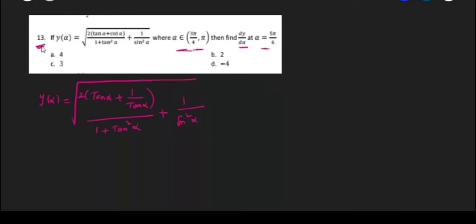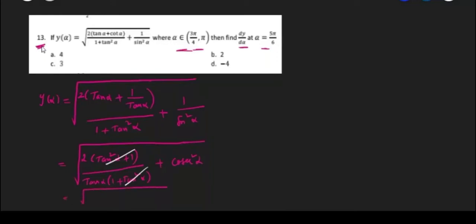Now if you take LCM on the numerator, you will get root over 2 times tan square alpha plus 1 by tan alpha into 1 plus tan square alpha, plus 1 by sin square, which we can write as cosecant square alpha. Here we can cancel 1 plus tan square alpha. Then we can write root over 2 by tan alpha, which means cot alpha, plus cosecant square, which means 1 plus cot square alpha.